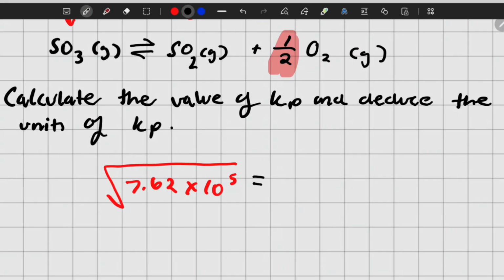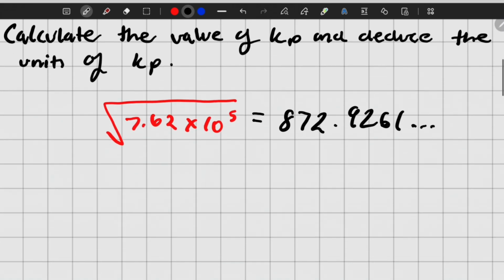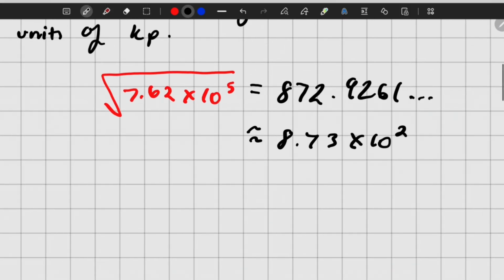This would be equal to 872.9261... They usually want it in standard form, 3 significant figures, so it would be 8.73 times 10 to the power of 2. And that's your value of Kp.